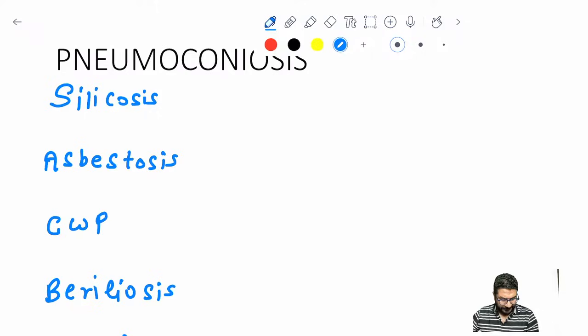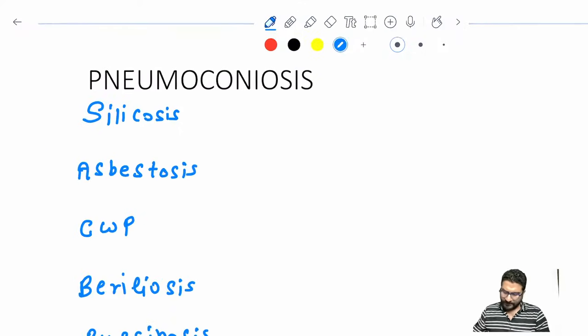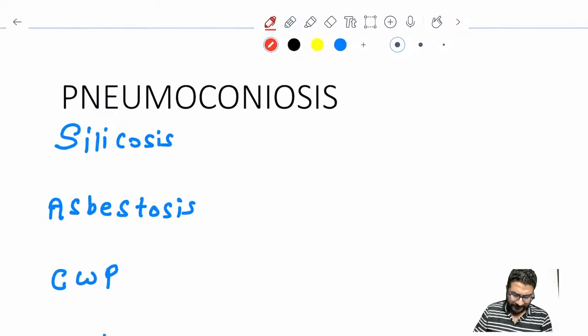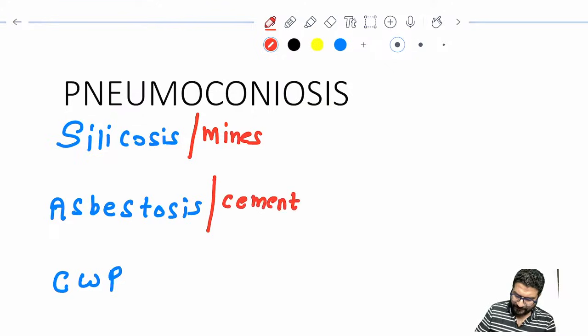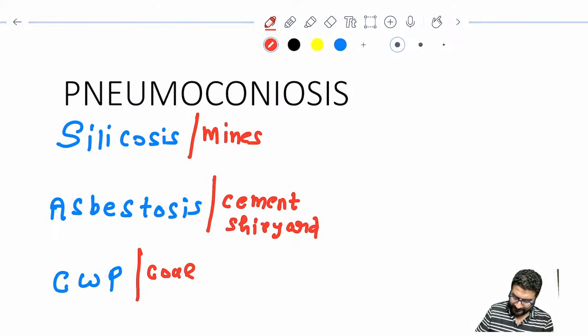Yes, Syndopa is levodopa plus carbidopa. Okay, now coming to silicosis. You have to remember the factory names. Silicosis, the factory generally, you will see it is seen in mines. Asbestosis, cement, shipyard. So these are the common factories. Coal worker, coal mines. So factory name is clear.